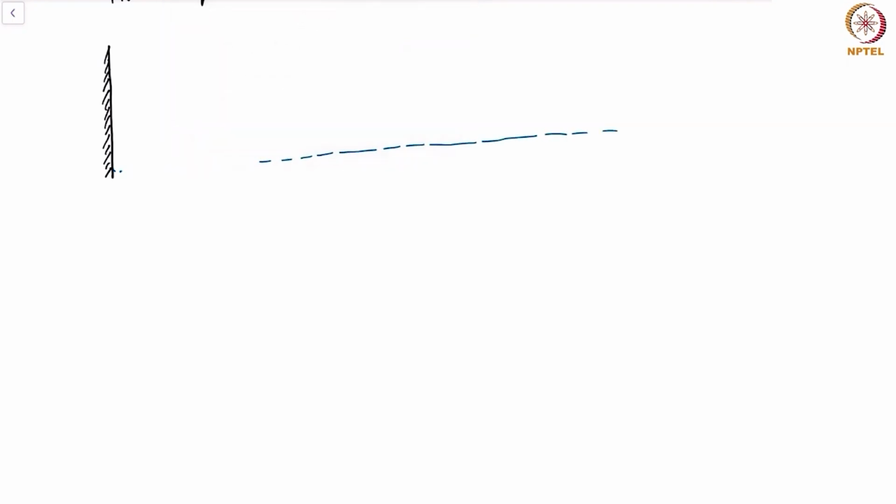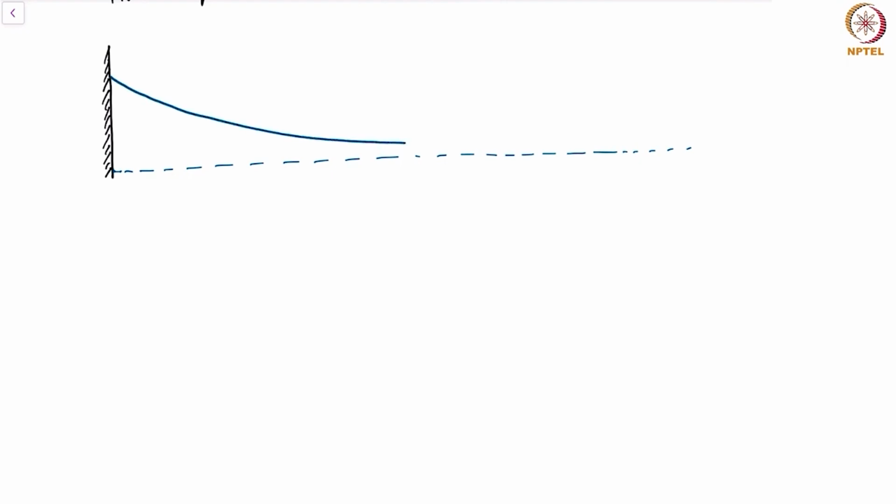Let me do that again. This is the shape of the fluid in the far field, but then the actual shape of the meniscus would approach this far field.